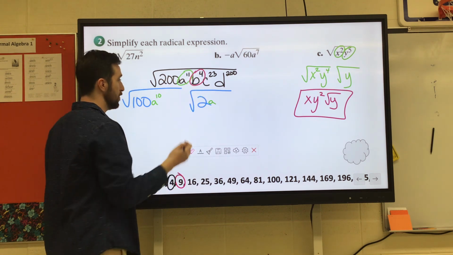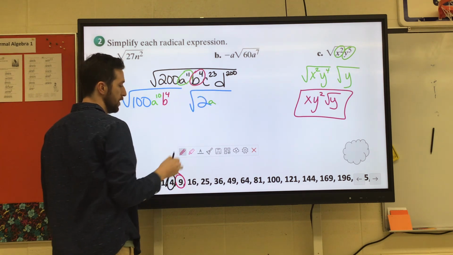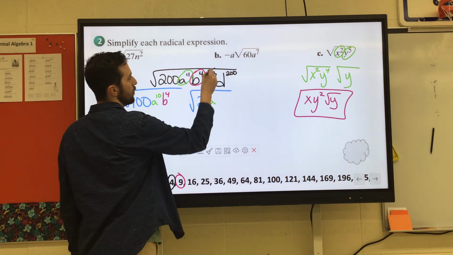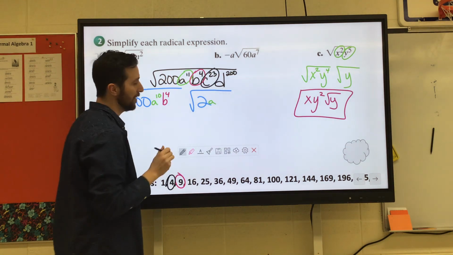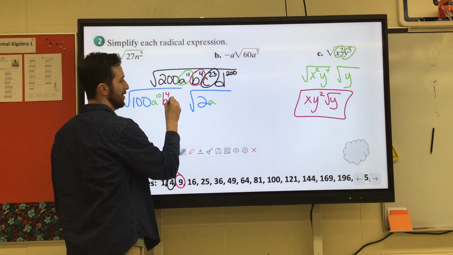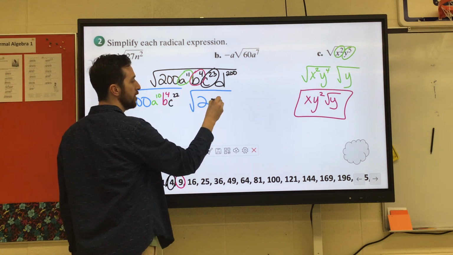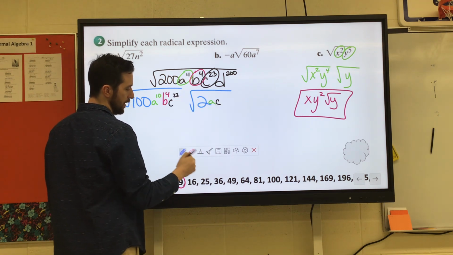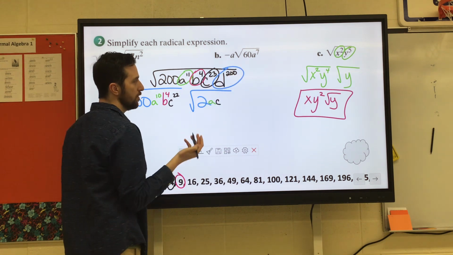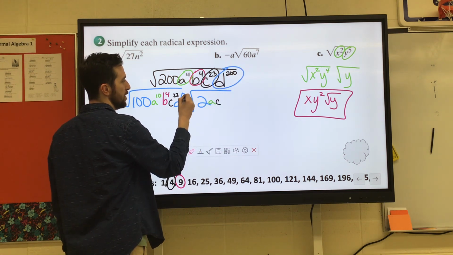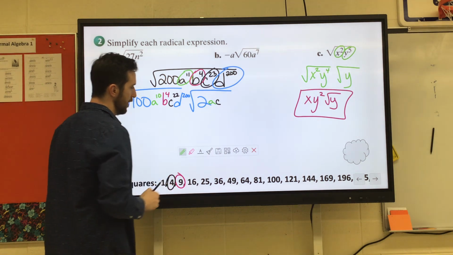That's an even exponent. We could put them all here. Cute. We look at the c's, it's 23. Ooh, that's odd. Just like us. So we could put 22 of them there, and then one gets left over. And then the d, it's 200. That's an even exponent. Put them all there. I ran out of room.